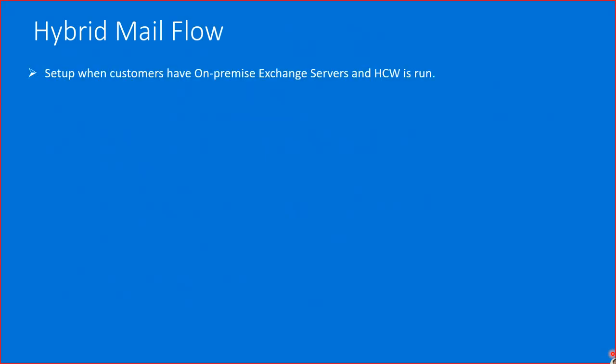Let's look at hybrid mail flow. A hybrid mail flow is a setup which is seen when you have an on-premise environment and an Exchange Online environment, and we want to make the two organizations work as one single Exchange organization.